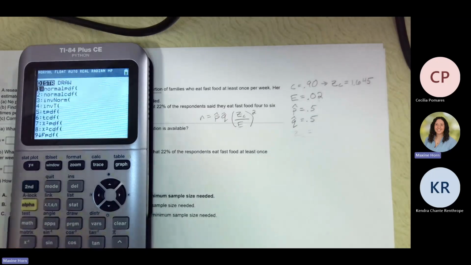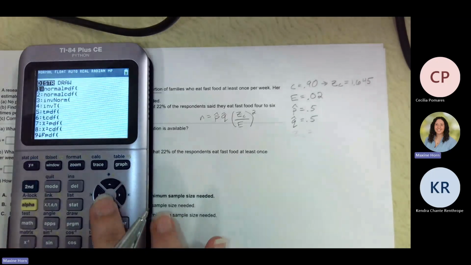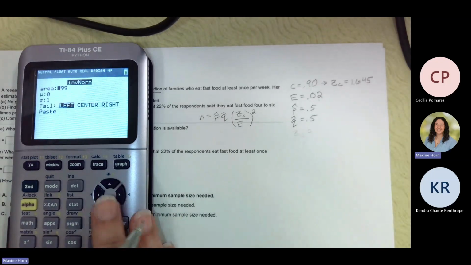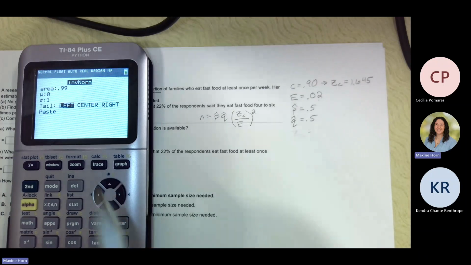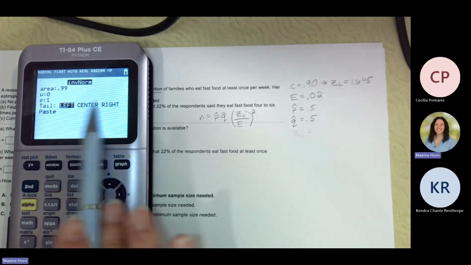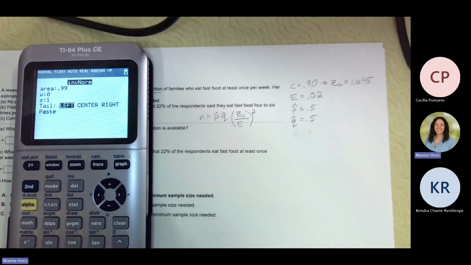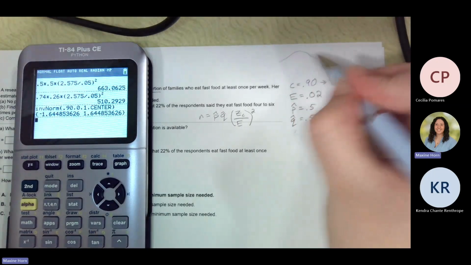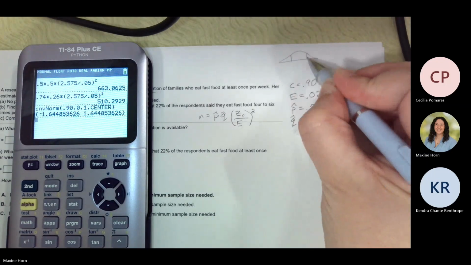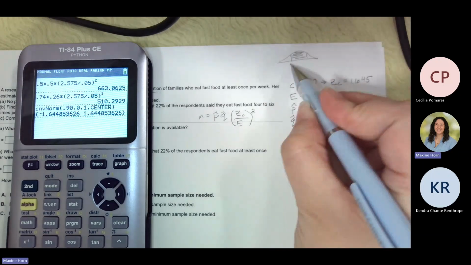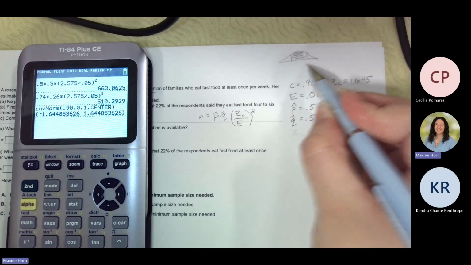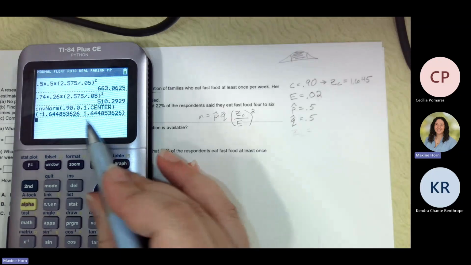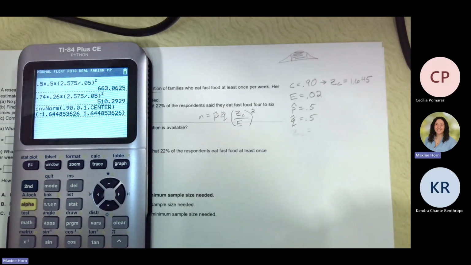So second vars, okay. And then we go inverse norm. And then we have to make sure that we're telling it this area is the center area. Remember, what we're finding here is the center area, so it's giving us the negative z-score and the positive z-score, which to 3 decimals is 1.645.